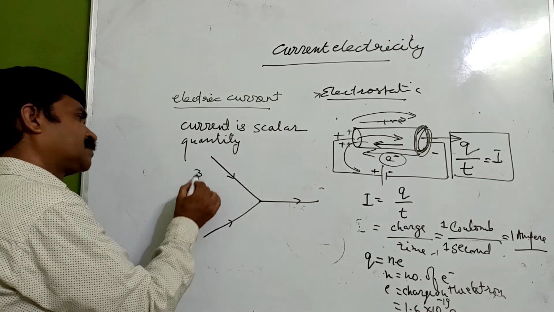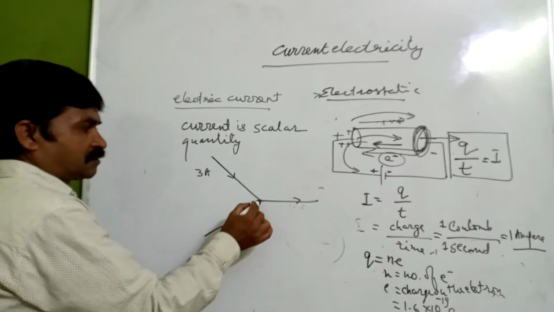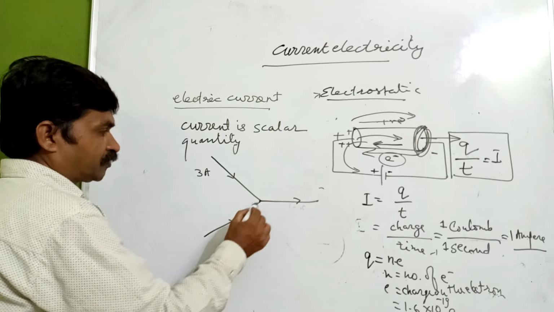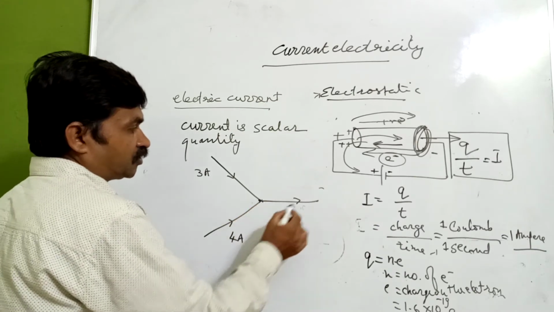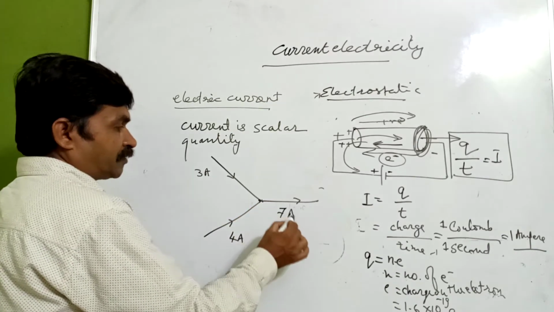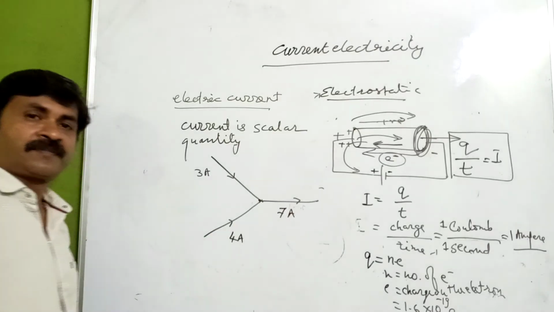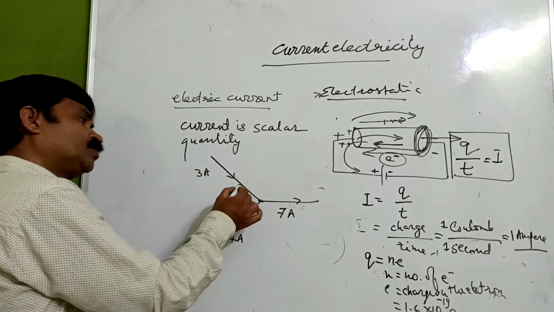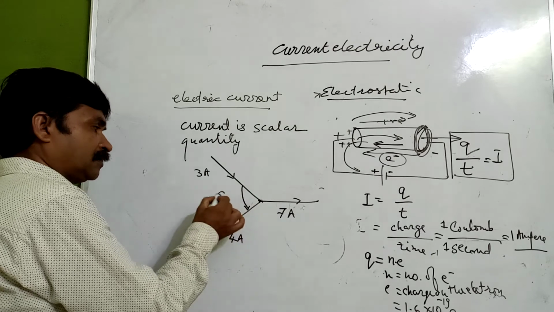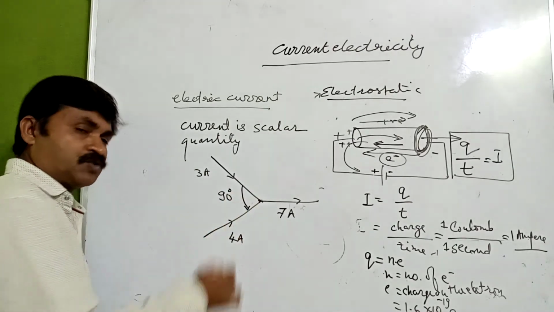Suppose 3 ampere current is flowing through this, and 4 ampere current is flowing through this, and they are coming through this junction to here. So the total summation will be 7 ampere. Now they have an angle of 90 degrees between them.